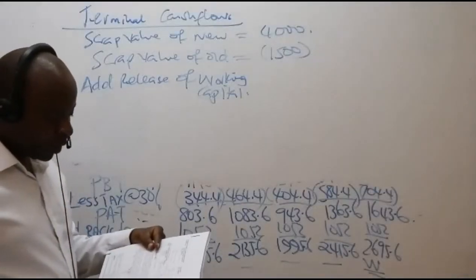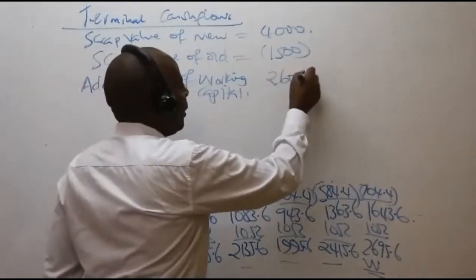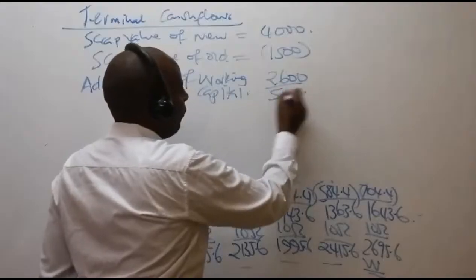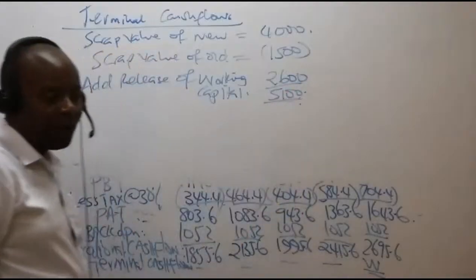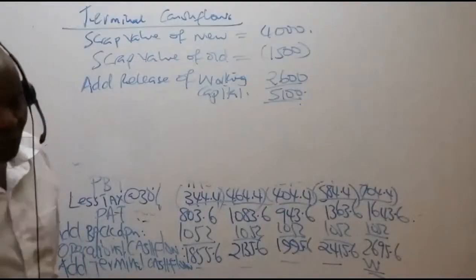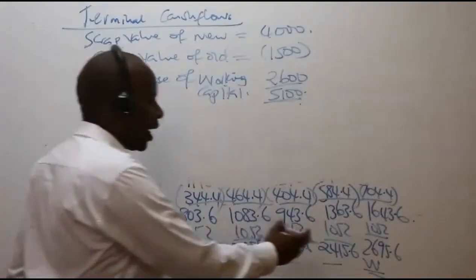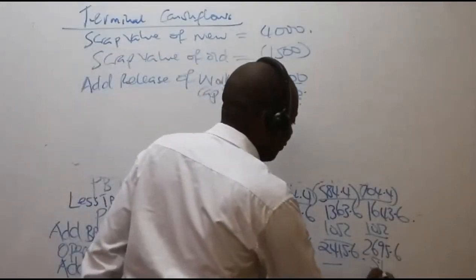The release of the working capital was 2,600, and I want to believe that this is how they got their 5,100, which will come at termination.